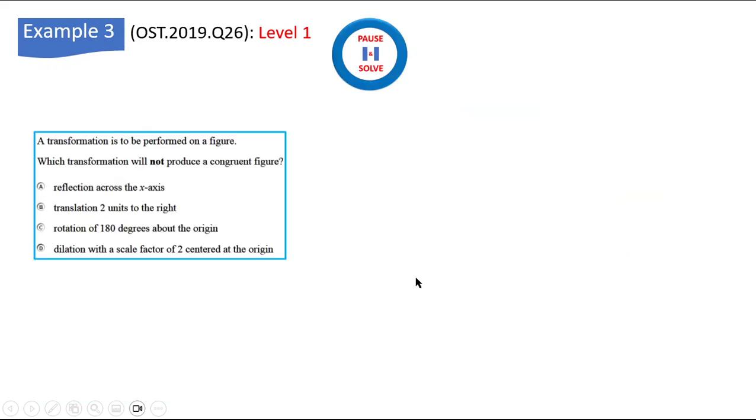Example 3. A transformation is to be performed on a figure. Which transformation will not produce a congruent figure? First of all, notice the question is "will not." Reflection across the x-axis will produce a congruent figure, so that's not a good answer.